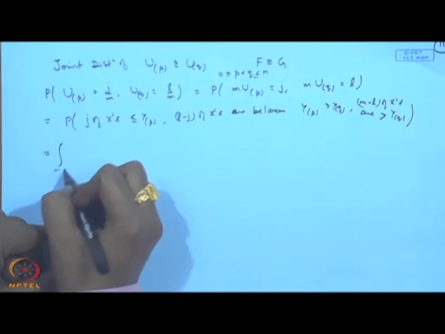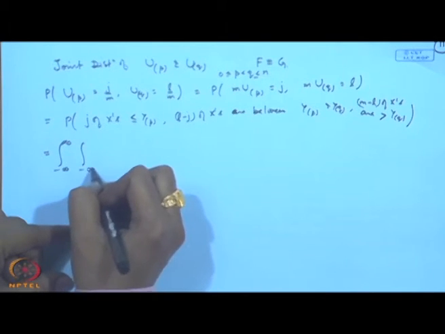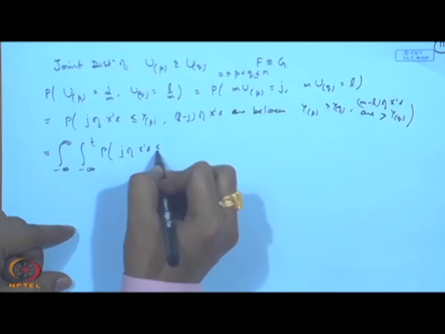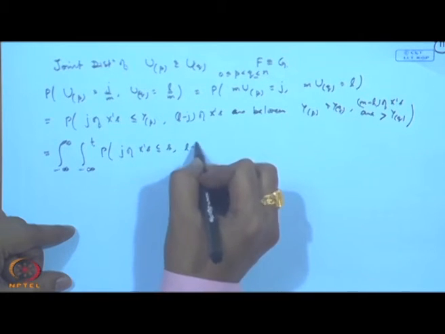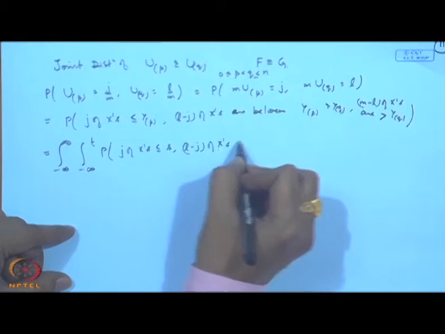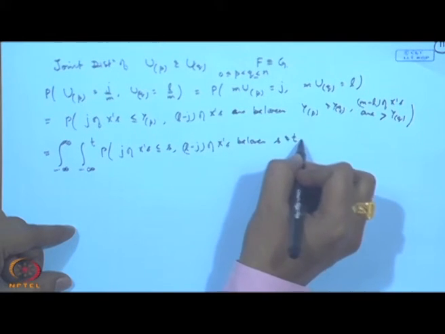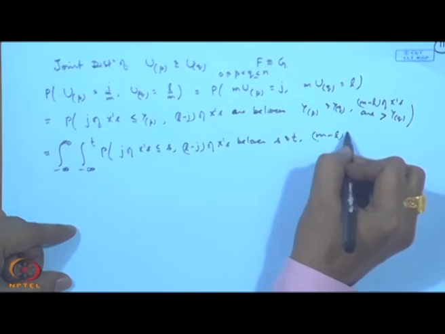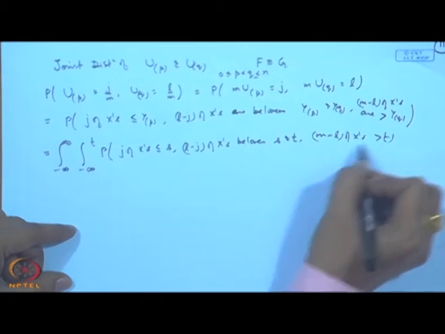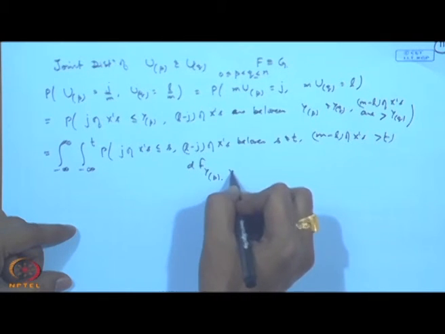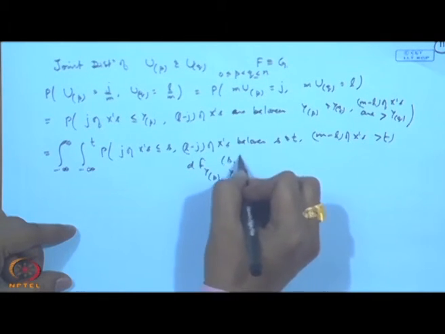So, that is equal to the double integral of the probability that j of the x_s are less than or equal to s, L minus j of the x_s are between s and t, and m minus L of the x_s are greater than t, d f of y_p y_q at s, t.